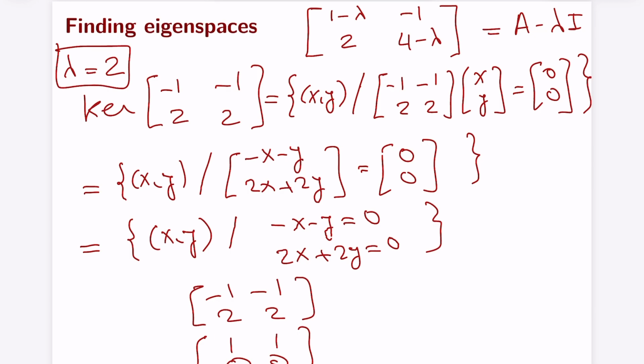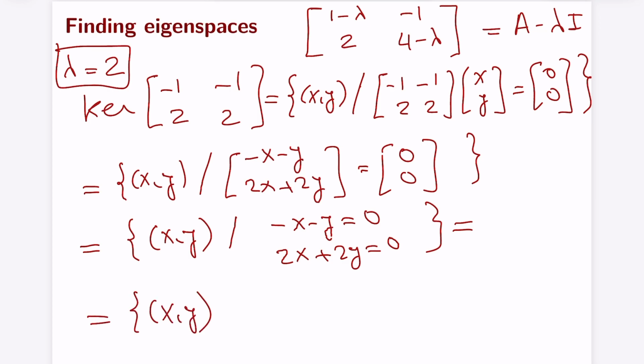So we see that we have only one equation, that is just x plus y equals 0, or just this one, which is completely equivalent. So we can say that the kernel is the set of x, y such that minus x minus y equals 0, for instance. Just leave it like that.